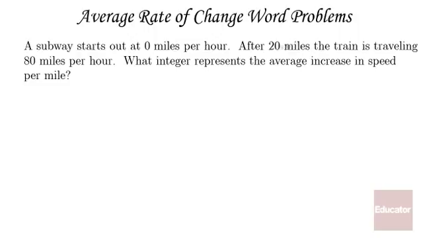So we want to find out for each mile. Right now we know for 20 miles it goes up to 80 miles per hour, but we want to know for just 1 mile. So let's take the 80 and divide by 20. Goes in perfectly 4 times.